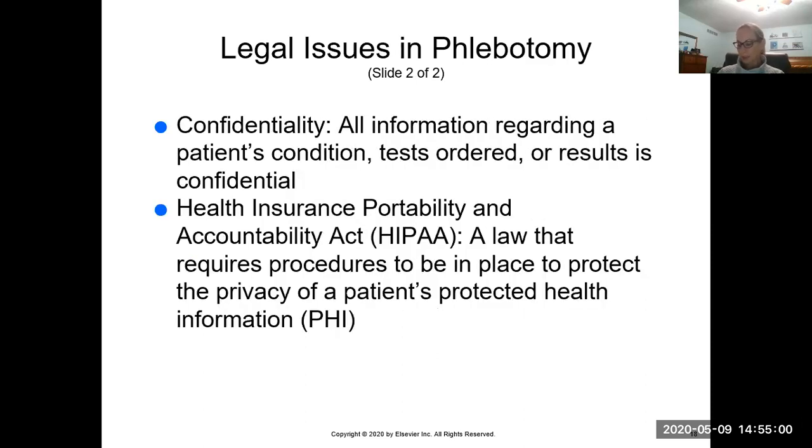You know what confidentiality is, and I can't stress this enough: all information regarding a patient's condition, tests ordered, or results is confidential. HIPAA is the law that requires procedures to be in place to protect the person's privacy, the protected health information, or PHI.